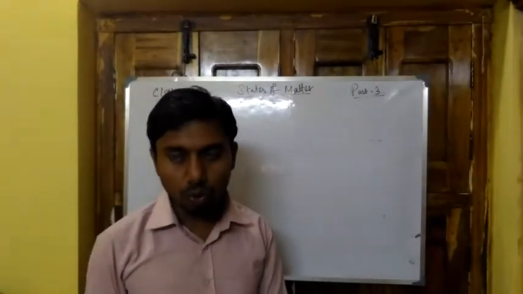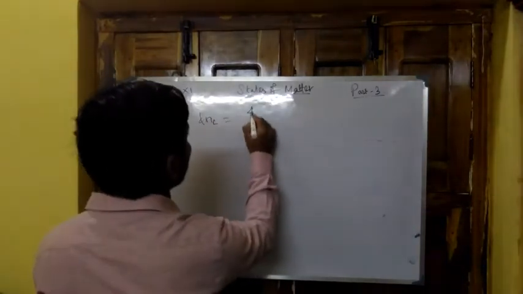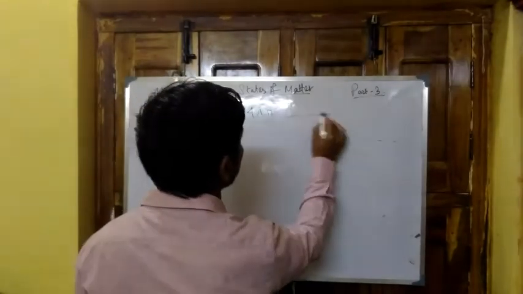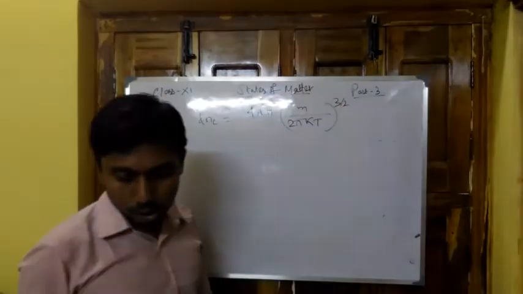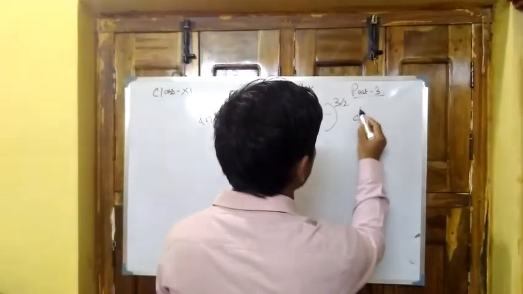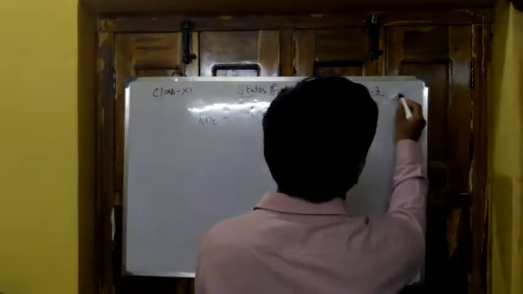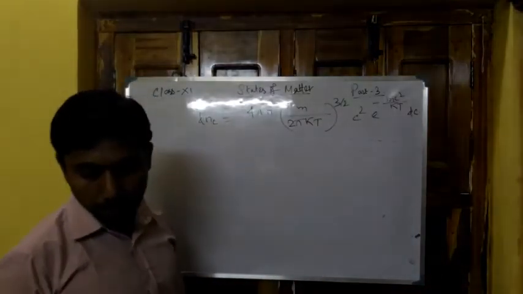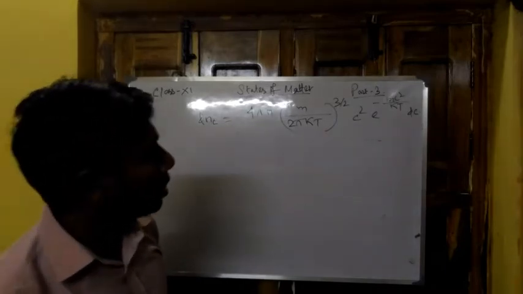If anyone is interested to know what is the Maxwell-Boltzmann equation, then they may write that dNc equal to 4 pi n m by 2 pi kT to the power 3 by 2 c square e to the power minus mc square by 2 kT into dc.